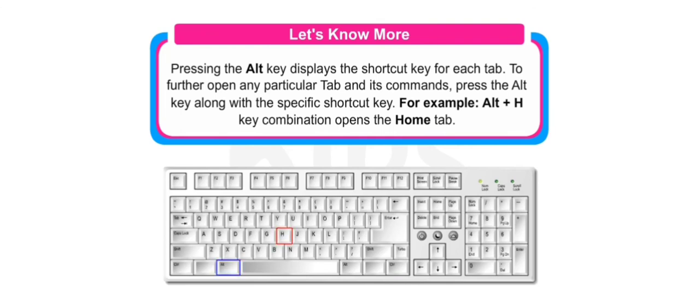Like for Home tab you can press H, and for Insert tab you can use I. So Alt plus H opens our Home tab. Alt plus I opens Insert tab. Like this you can also use shortcut keys for other tabs.